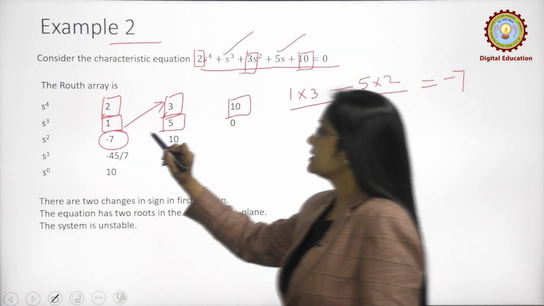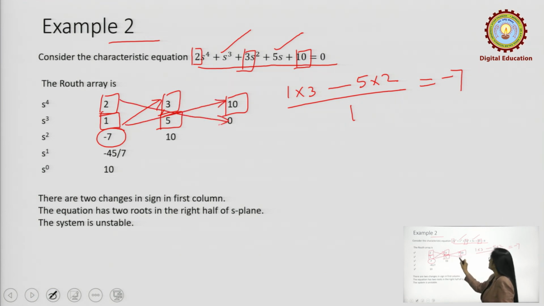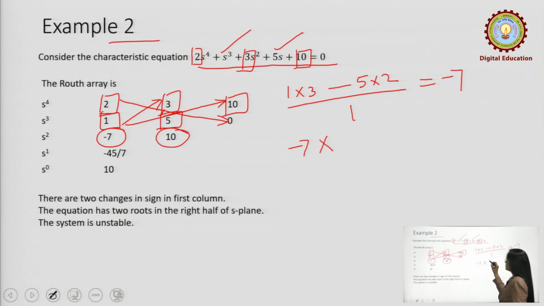That means the system is unstable. Let us see what the other values are. It is 1 into 10 minus 2 into 0 divided by 1, it is 10. Similarly, minus 7 into 5 minus 10 into 1 divided by minus 7.